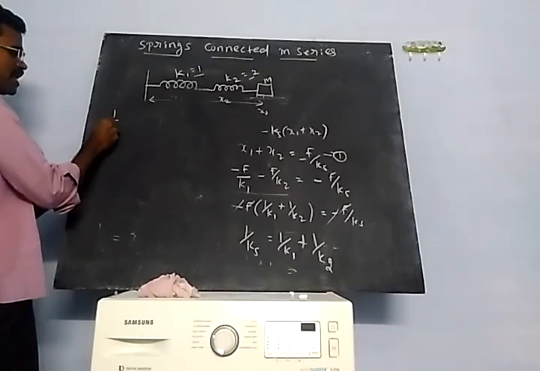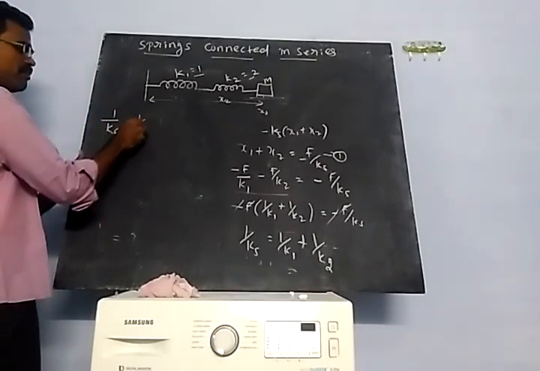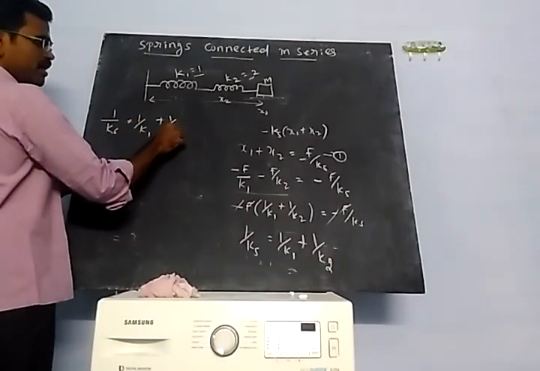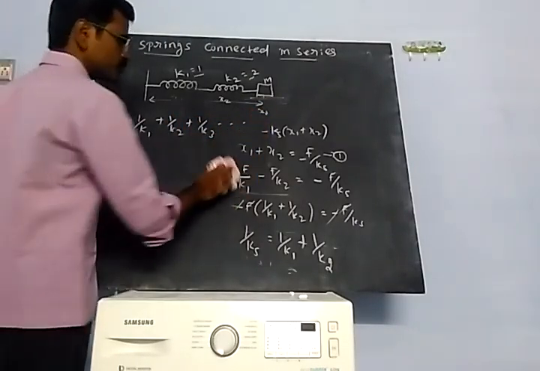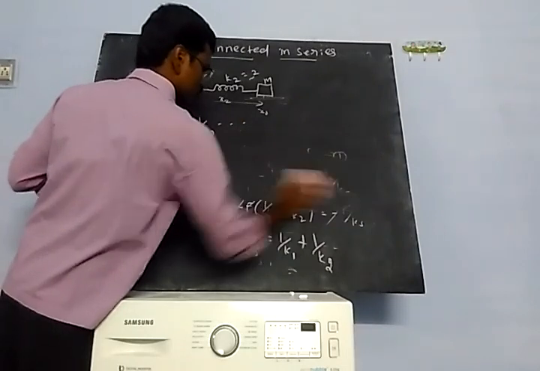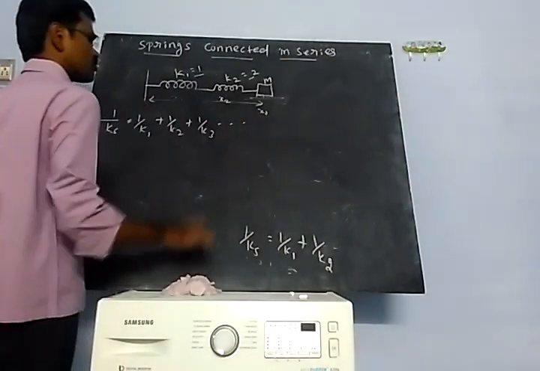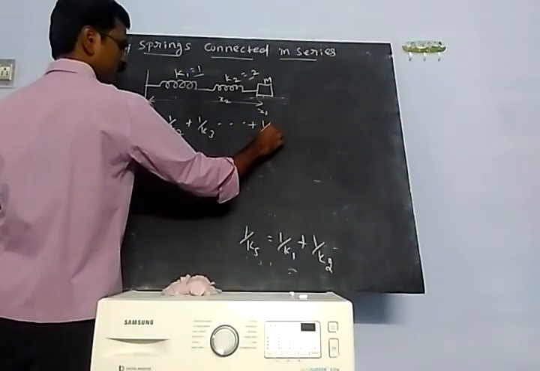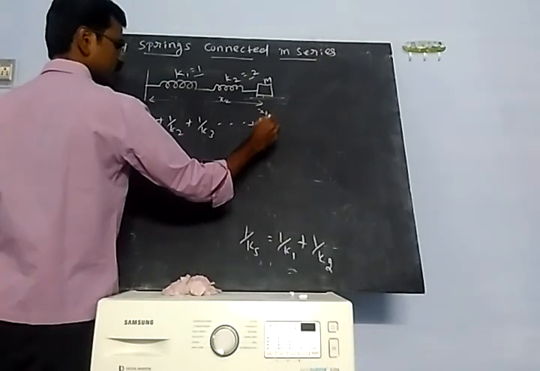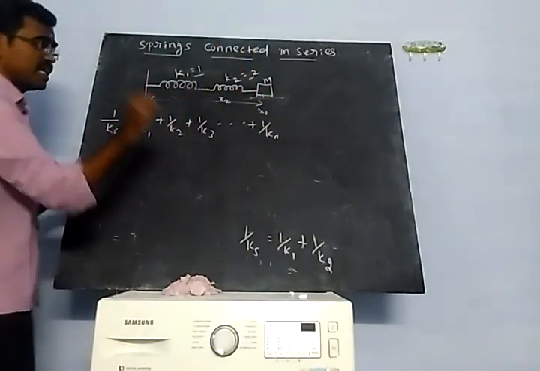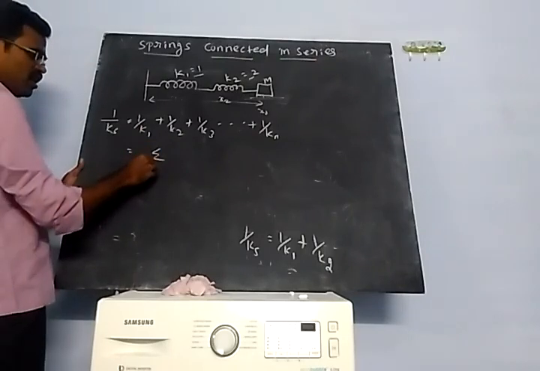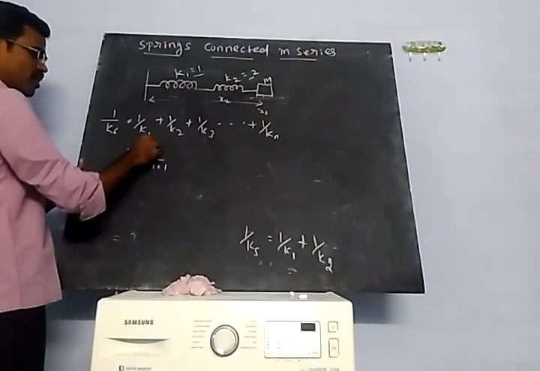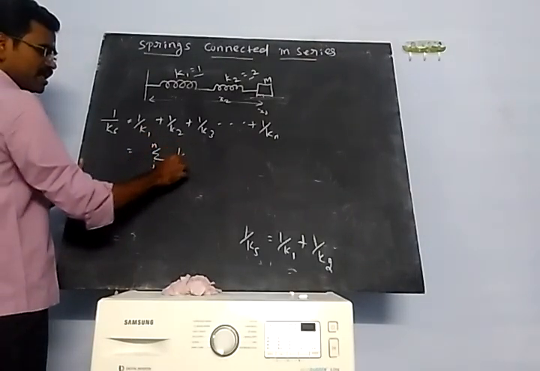So 1 by ks equal to 1 by k1 plus 1 by k2 plus 1 by k3 up to 1 by kn for the nth spring. Okay, so it is the summation of i equal to 1 to n of 1 by ki.